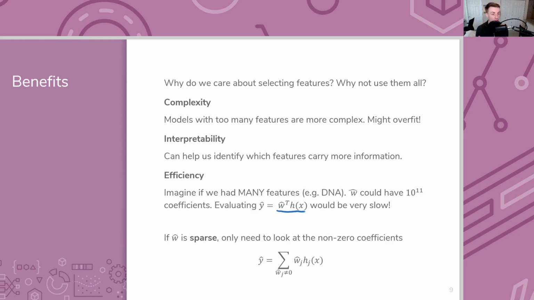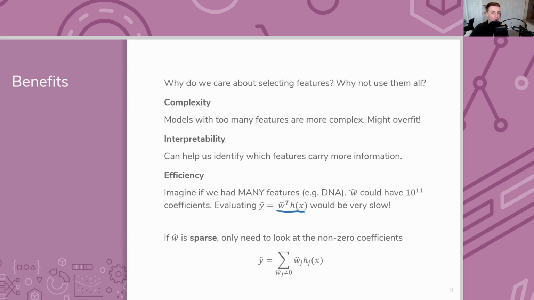And so we'll find that in general, you can yield much more efficient predictors if you can guarantee that your coefficients are sparse, that you somehow selected the most important features. What does sparse mean? It means most coefficients are 0. So if you have this model with millions of features, but you can guarantee that only a few of the coefficients are non-zero, meaning all of the other coefficients are 0, you've now yielded a sparse predictor, one that has mostly 0 coefficients.